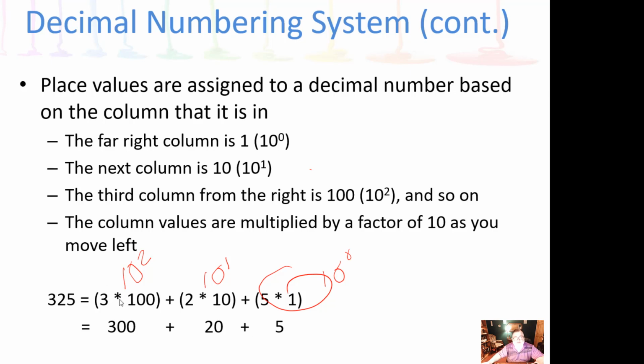So this is 3 times 100, 10 squared, plus 2 times 10 to the first, plus 5 times 1, 10 to the 0. So that's the decimal numbering system. 3 times 10 squared, 2 times 10 to the first, 5 times 10 to the 0. And anything to the 0 power is always 1.